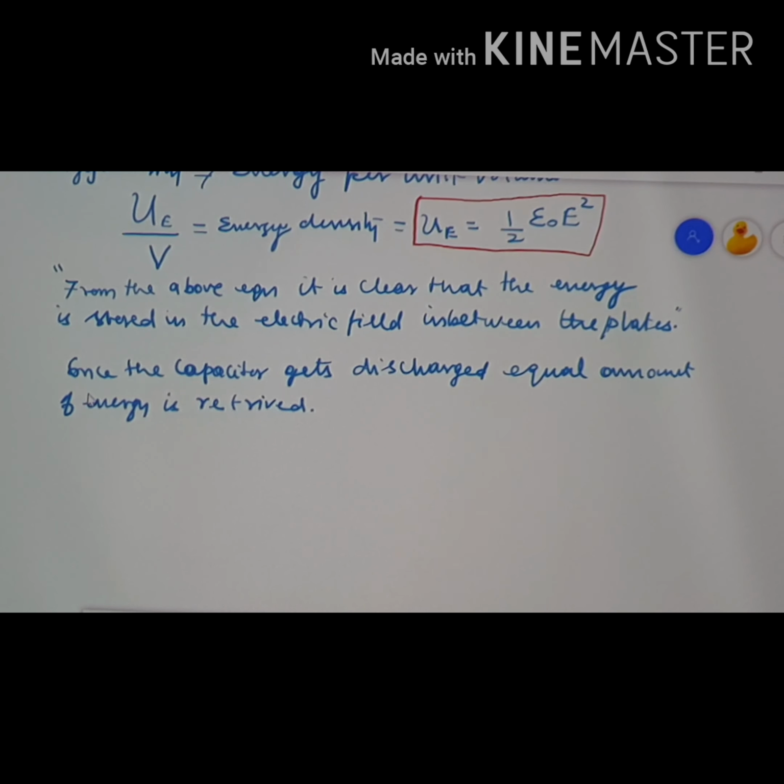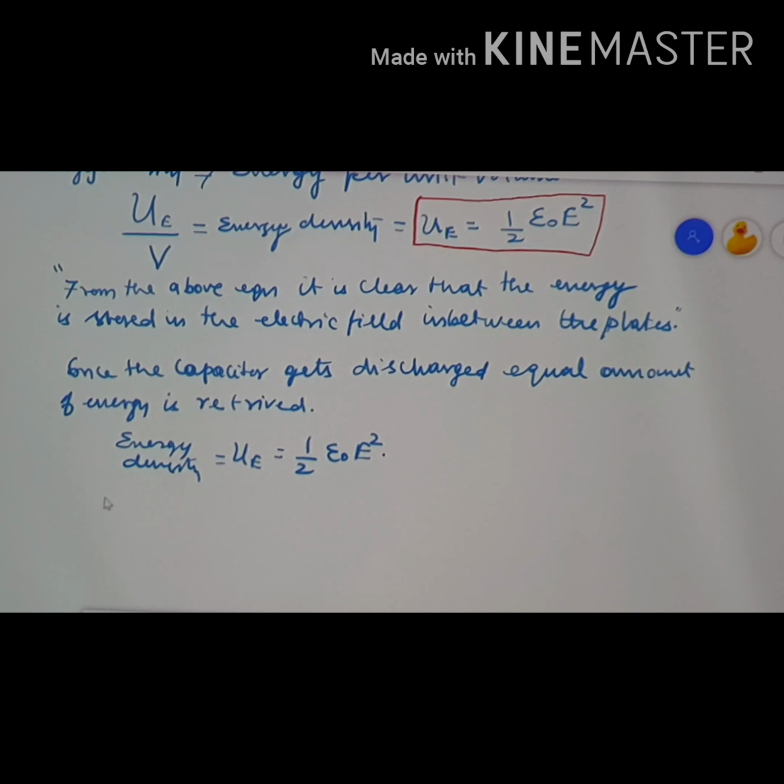Now, consider the energy density equation. We know the energy density epsilon of E is equal to half into epsilon 0 into E square. Here, the value of area or volume is not available.